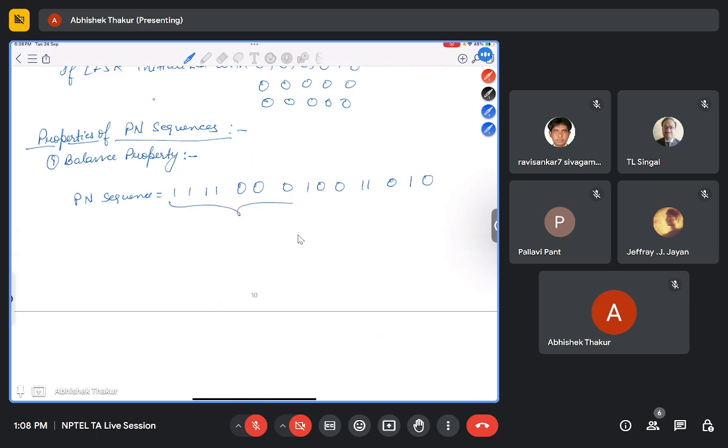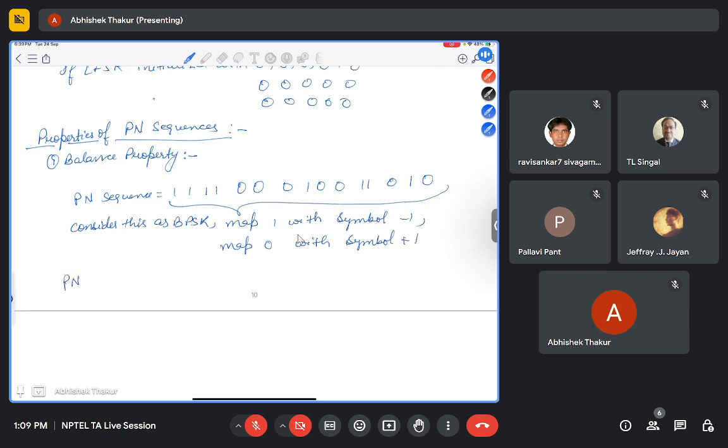Now consider this as BPSK and map 1 with symbol minus 1 and map 0 with symbol plus 1.